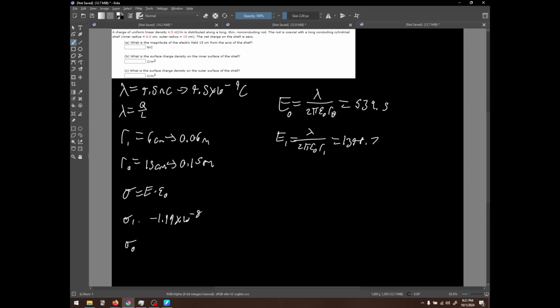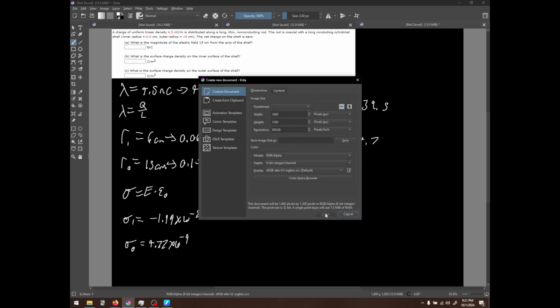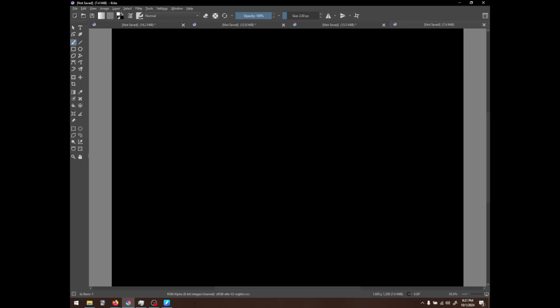There's outer, you get 4.77 times 10 to the negative 9th. Wicked. Okay, just a very, very slight misunderstanding in my brain of how things work.